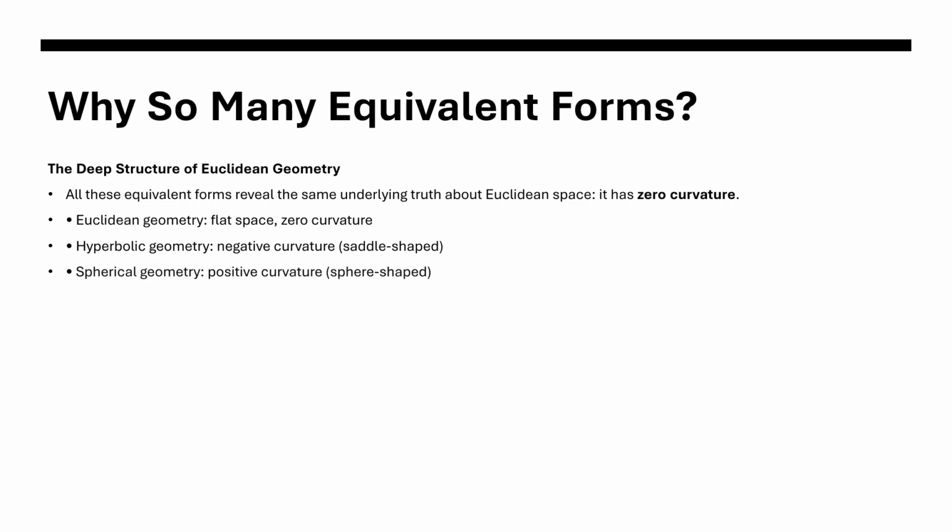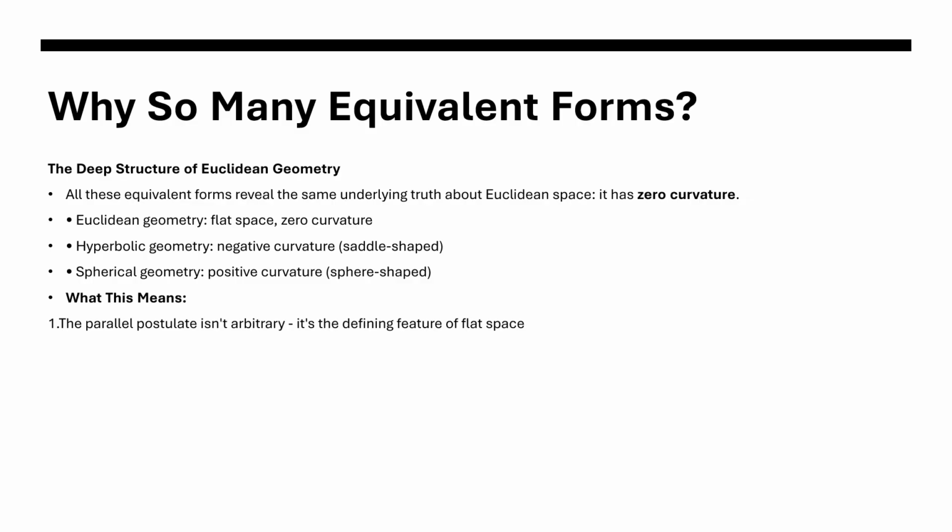In spherical geometry, there is positive curvature, the sphere shape, meaning no parallel lines, and the angle sum is greater than 180 degrees. So what this means is the parallel postulate isn't arbitrary. It's the defining feature of flat space. All the equivalent forms are different ways of detecting whether the space is flat.